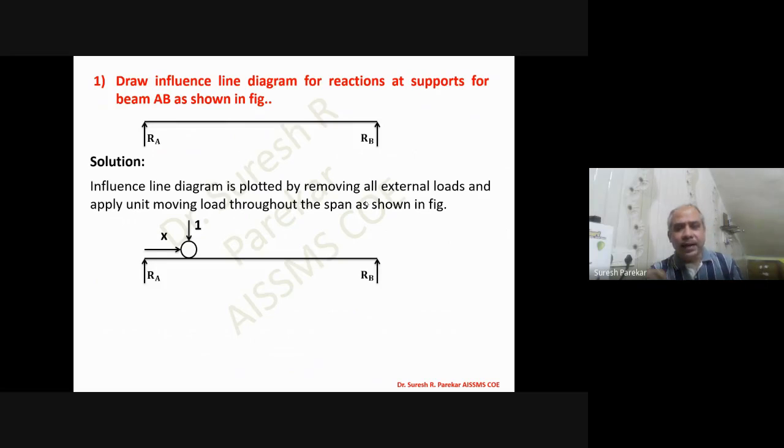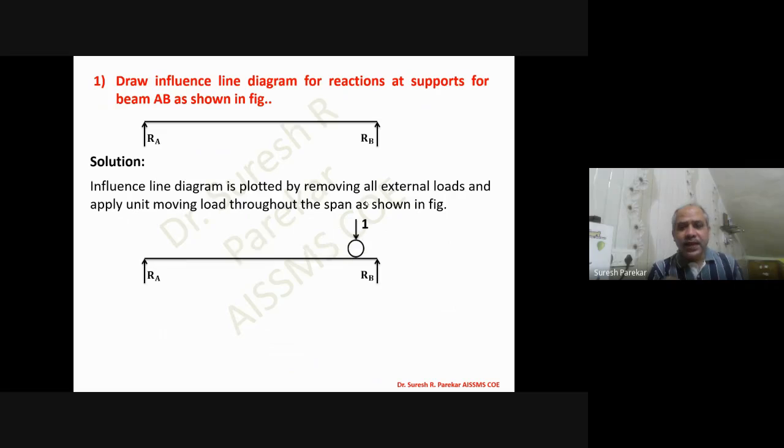Let us consider the unit load at a distance x, and we are going to find the values of reactions at A and B, where x varies from A to B, that is, at A we have 0 and at B we have L.